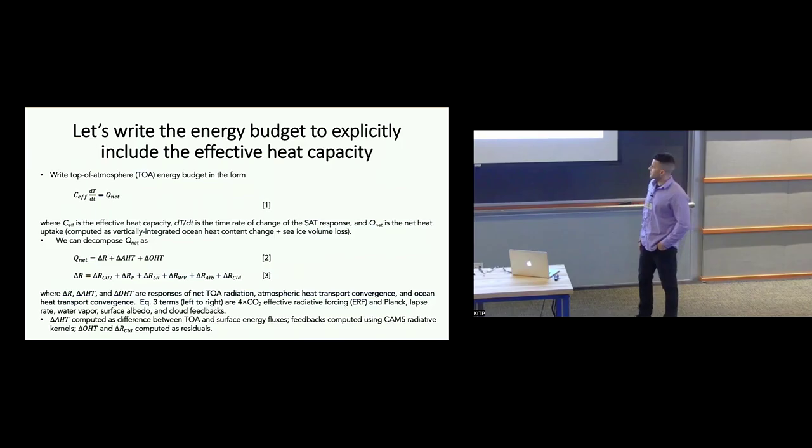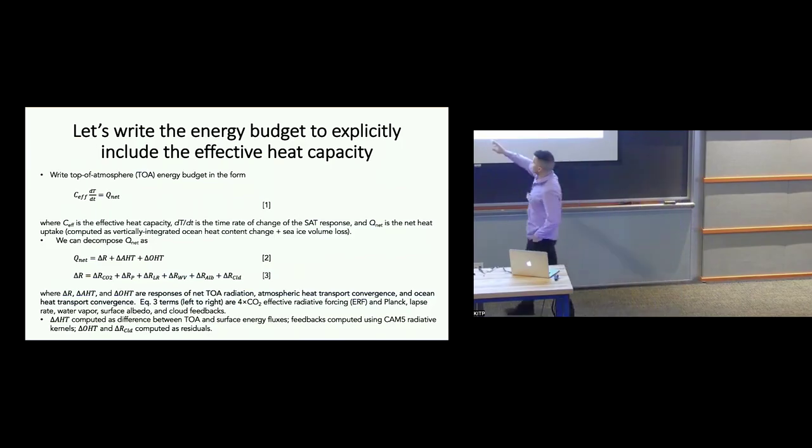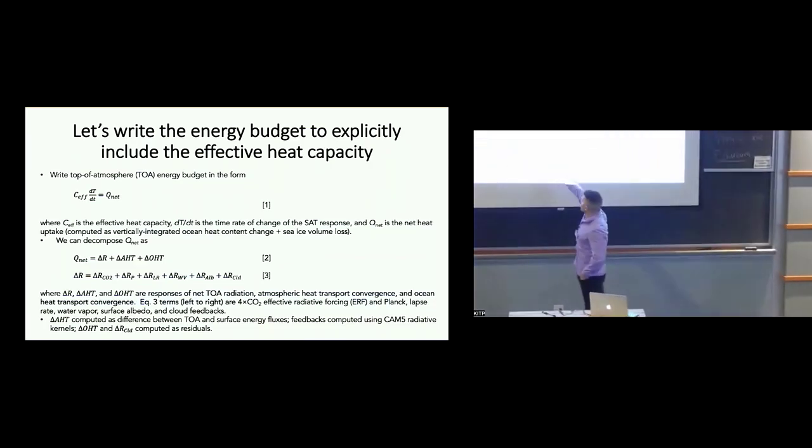Once we've computed the other terms, and I'll talk in a minute about how we get the CO2 effective radiative forcing, we can compute delta R cloud, the cloud feedback, as a residual in equation 3. And once we have delta R and the other terms in equation 2, we compute delta OHT as the residual in equation 2.